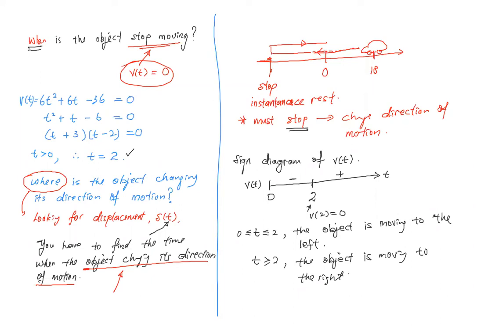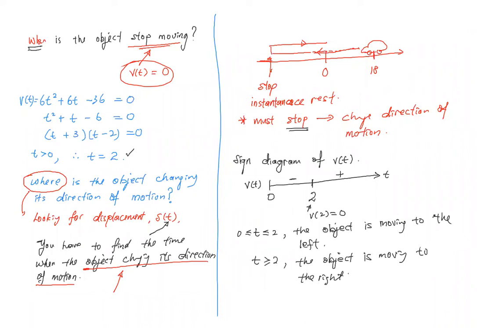So in order to answer this question, where is the object changing its direction of motion? First of all, I have to know the true fact. It must stop, then only it can change the direction. But it doesn't mean that stop must change direction of motion. So I get v(t) equal to 0 first. I get the time.